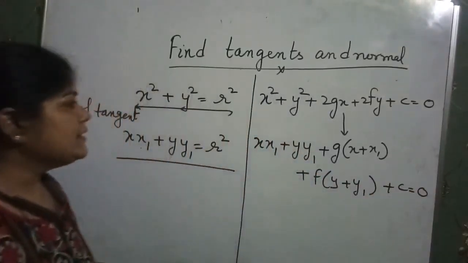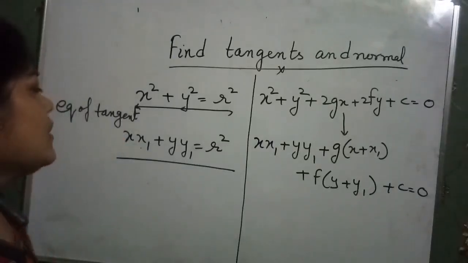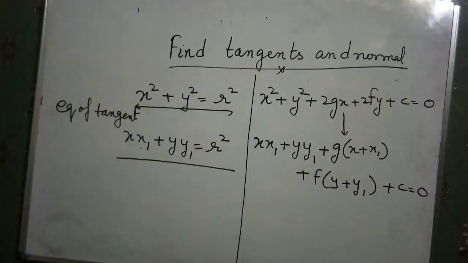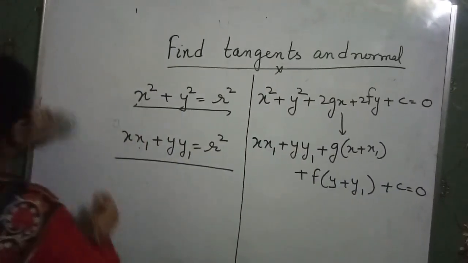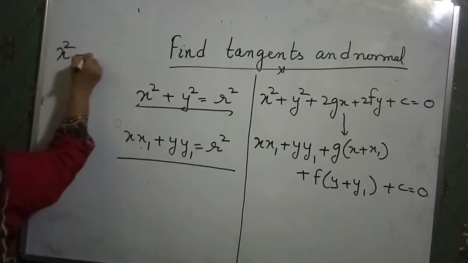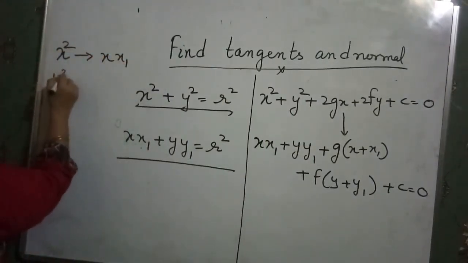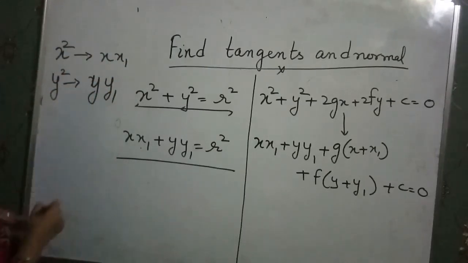I am going to explain this. Just remember this thing. You notice that in place of x square I have written x x1, and in place of y square, y y1.